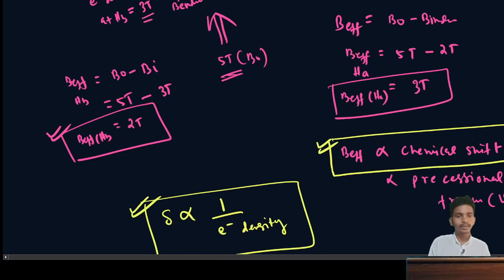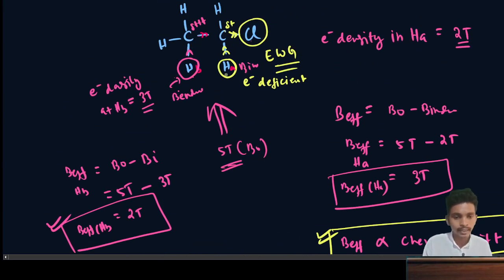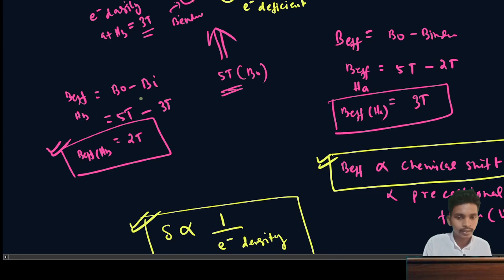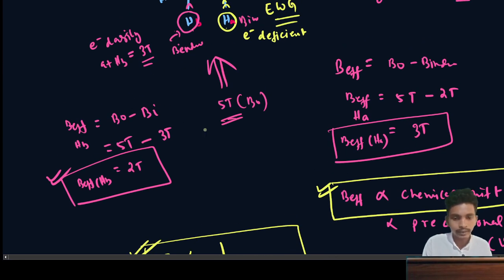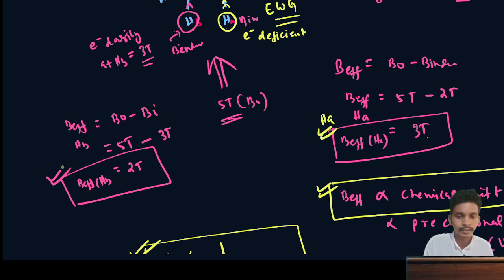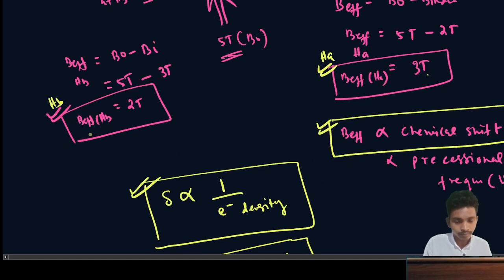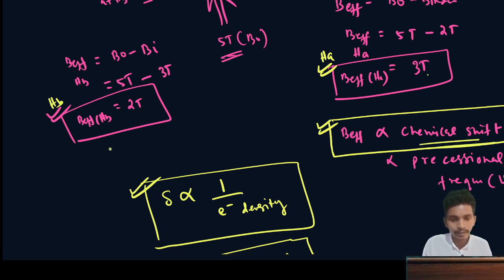So from here what you understand for HA and HB is that HA has 3T and HB has 2T. It means that B effective is directly proportional to chemical shift. So the chemical shift of HB corresponds to 2T and that of HA to 3T.